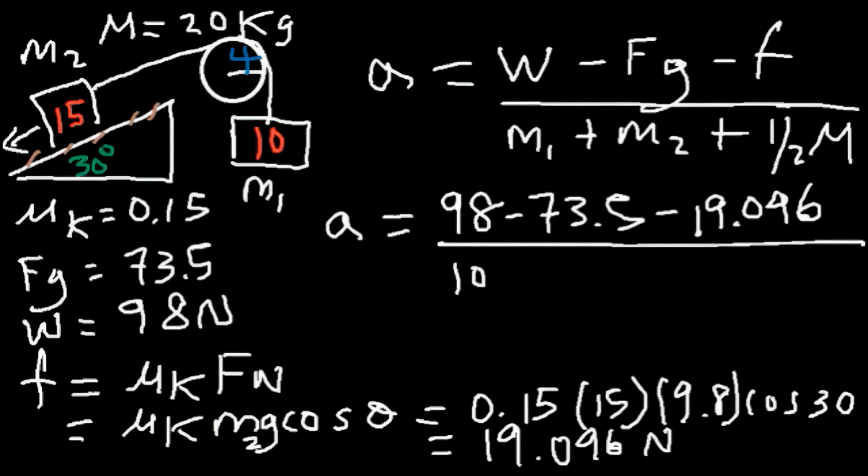divided by m1, which is 10, plus m2, which is 15, plus half of the mass of the pulley, which is 20. So 98 minus 73.5, that's 24.5, minus 19.096.